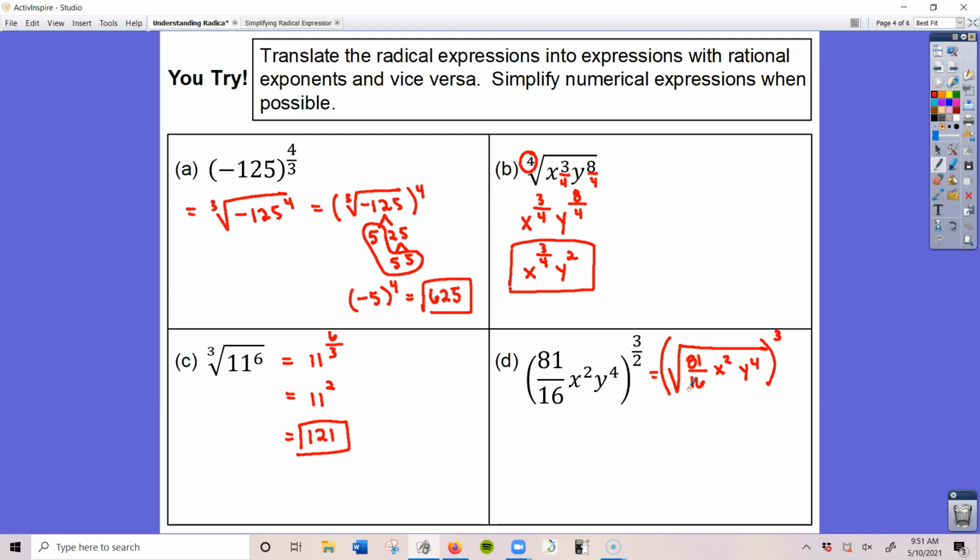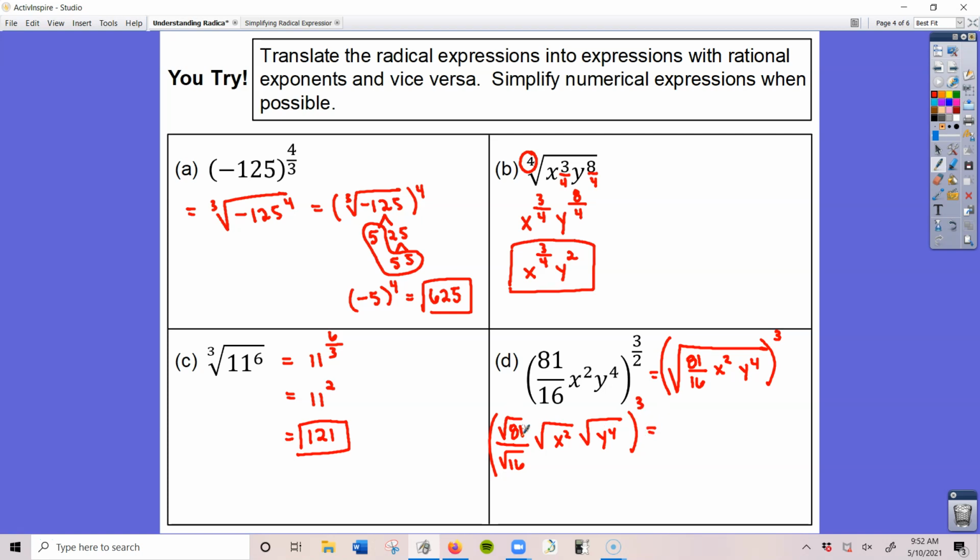When you're doing the square root of a fraction, this is the same thing as saying the square root of 81 over the square root of 16. And then we have the square root of x squared and the square root of y to the fourth. If you prefer to break it down like that, you most definitely can. And all of that is raised to the third power.